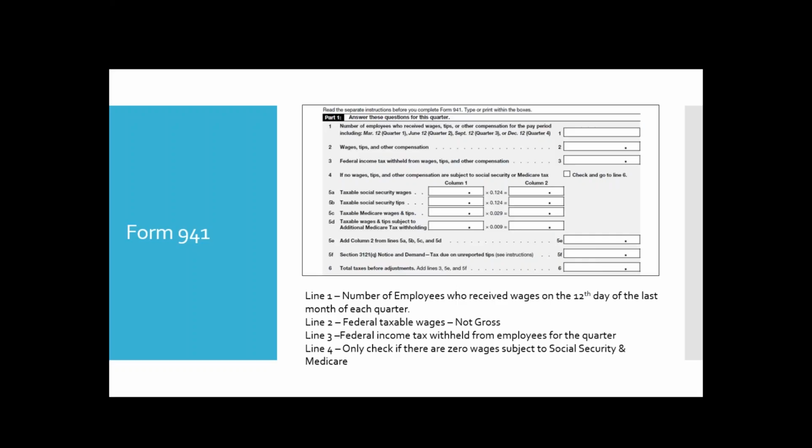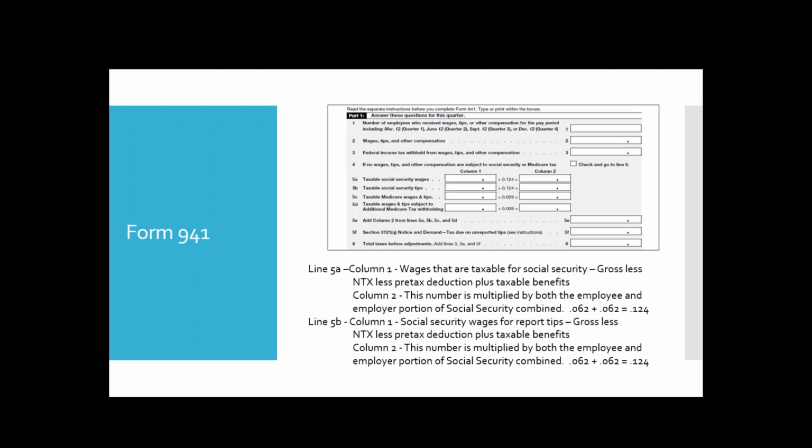So probably most of you will skip line 4 and go straight to line 5A, which reports taxable Social Security wages. Remember the equation: gross less non-taxable less pre-tax deductions plus taxable benefits to get to your taxable wages.